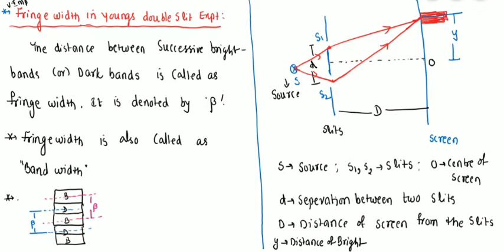It is the distance of the bright or dark band from the center of the screen.